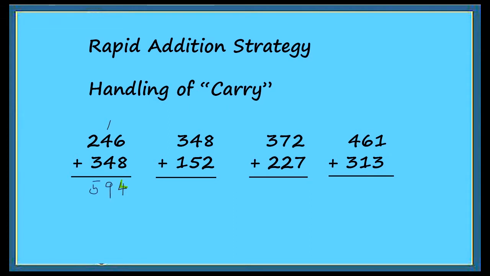Then 5. Now, in order to speed up, we ignore this carry. Just add these numbers, forget about anything over 10. It's going to be 4, 8, 5. The answer is wrong because this produces a carry.